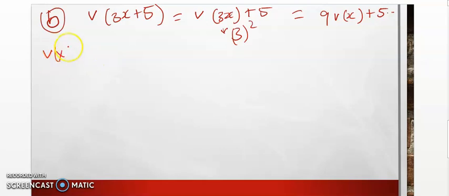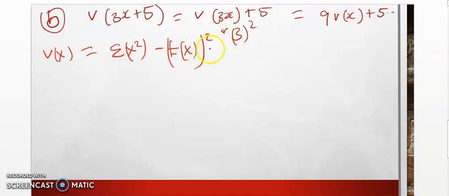Variance of x is simply given by the expected value of x squared minus the expected value of x, all this squared. So this is the formula for calculating the variance of x. So let's apply this formula appropriately.